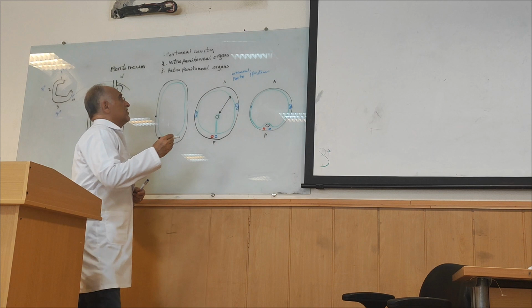Clear? So, this one is the dorsal mesogastrium, and this one is the ventral mesogastrium. These changes created extra names that I mentioned.